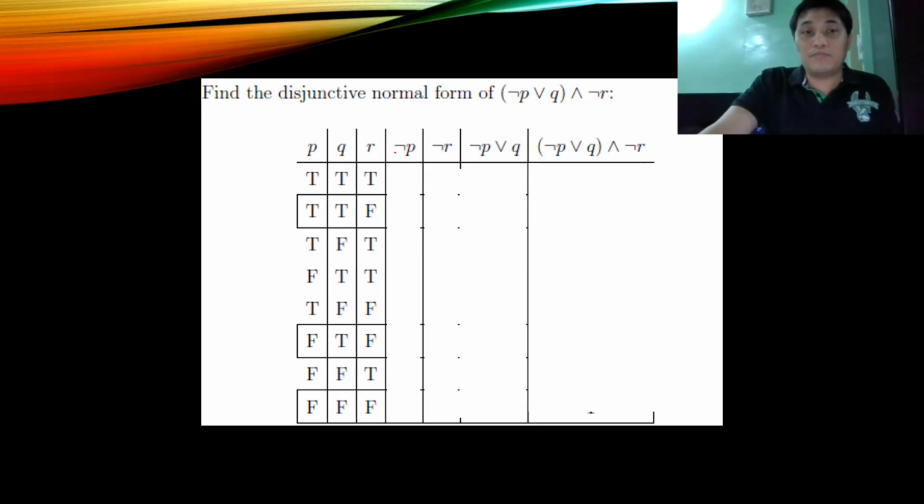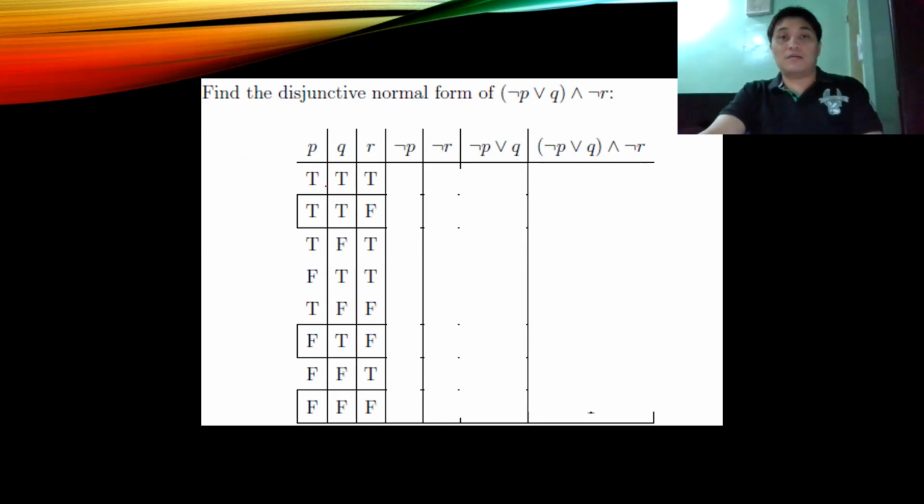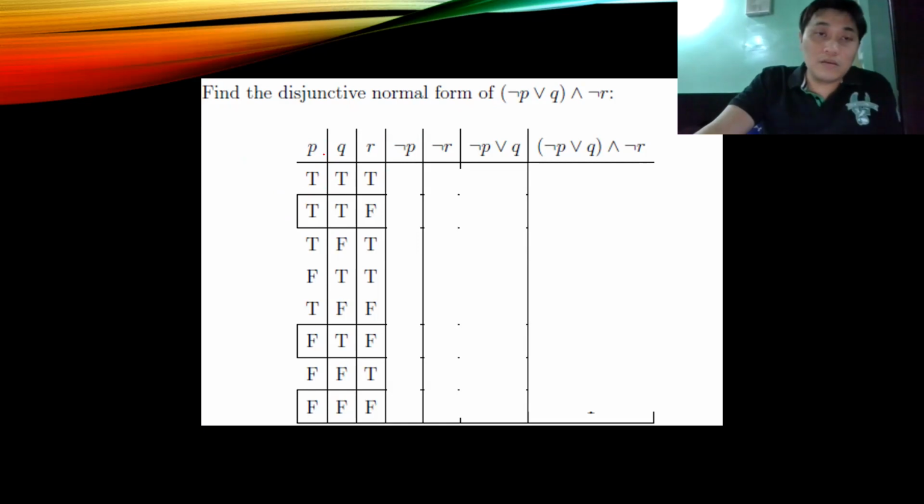In our statement P, this is the data: true, true, true, true, false, true, false, false. Then in our statement Q, we have true, true, false, true, false, true, false, false. In our data R, we have true, false, true, true, false, false, true, false.